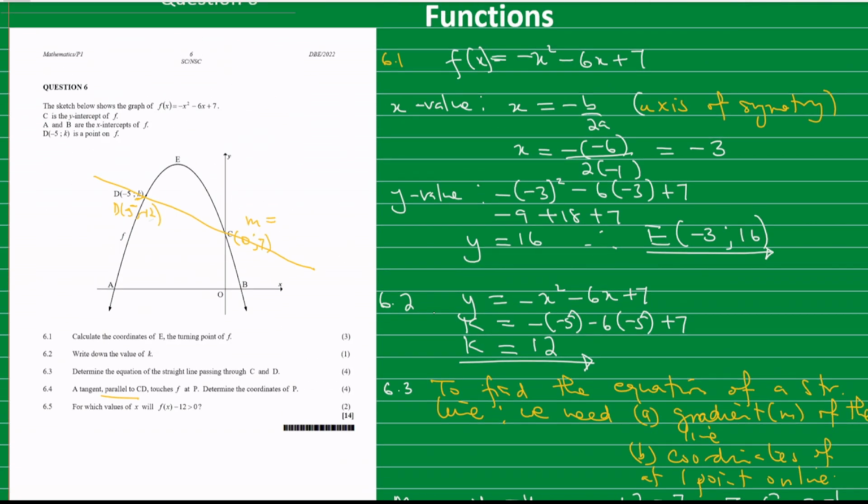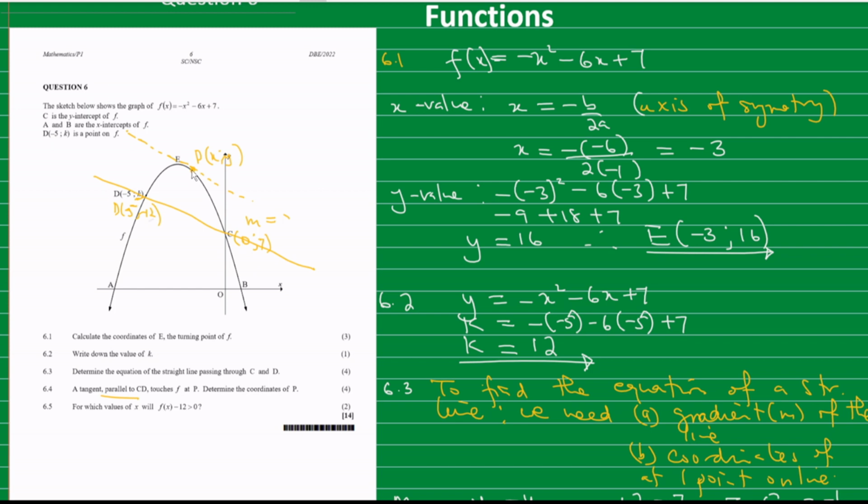So just to put it here, assuming that we have got a line, it is touching at a point P, whose coordinates we don't know yet. What we know is the gradient of that line.